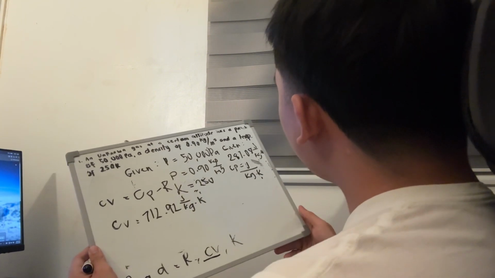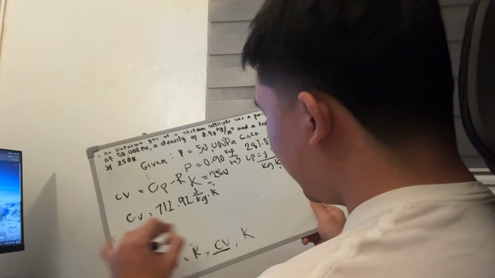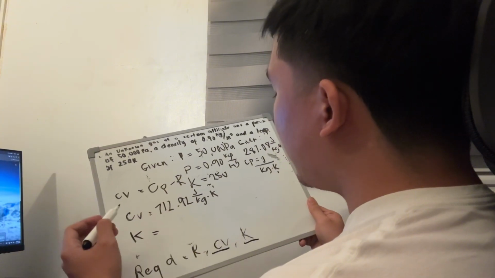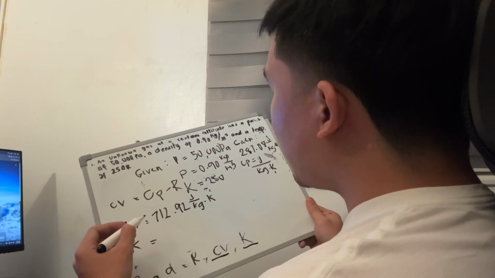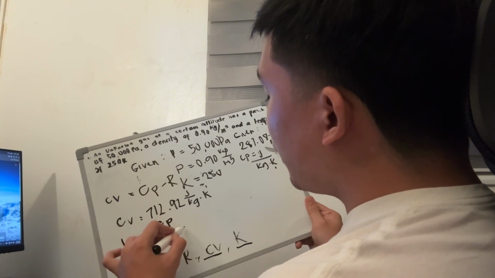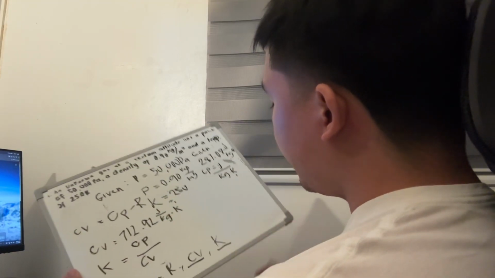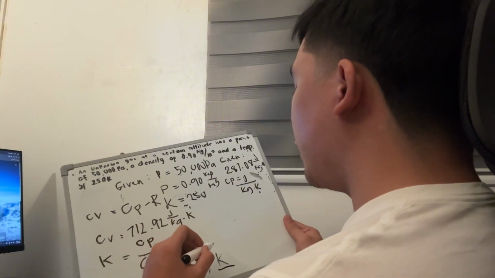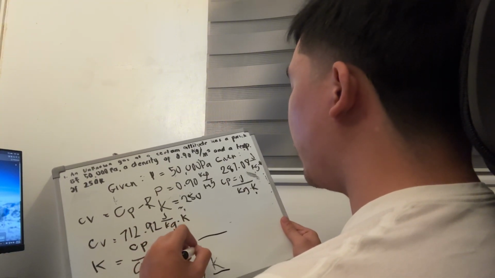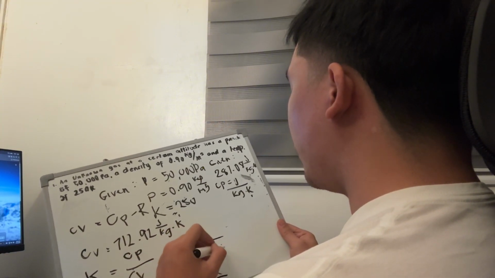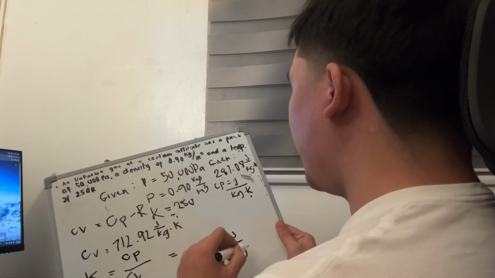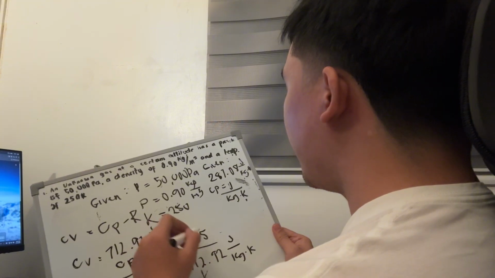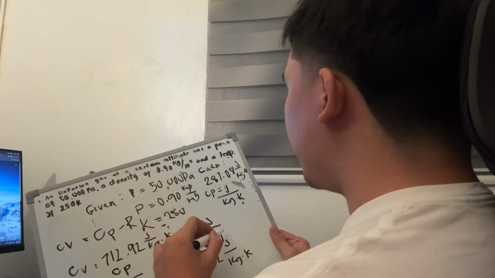Next, we need to solve for our K, which is the specific heat ratio. For our specific heat ratio, we can use the formula Cp over Cv. So let's put in the values. Our Cv is 712.92 J/kg/K, and for our Cp, we have 1005 J/kg/K.